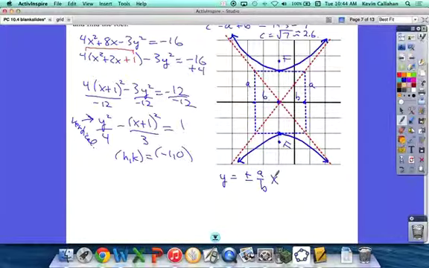In this case, it's -1, 0. So we would write it like x minus -1, and over here it's y minus 0, which is y, which is going to leave us like this. Y equals plus or minus A over B, which is 2 over the square root of 3, times x plus 1.